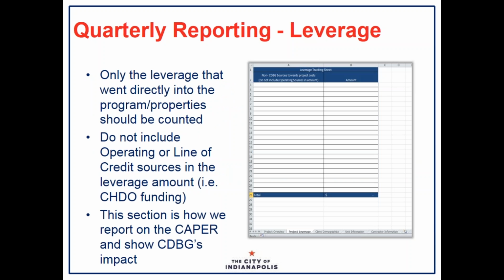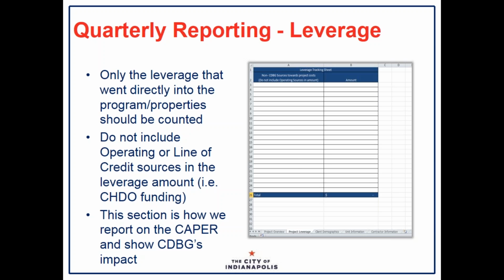This is the leverage tab. Only the leverage that went directly into the program and properties should be counted. Do not include operating or line of credit sources in the leverage amount, for example, CHDO funding. This section is how we report on our annual CAPER that we have to submit to the federal office and show CDBG's impact.